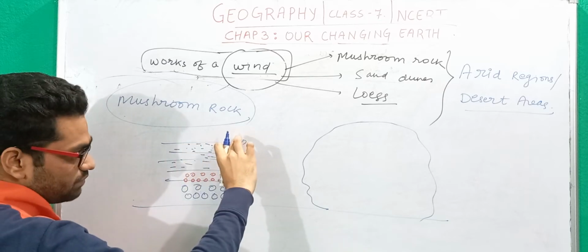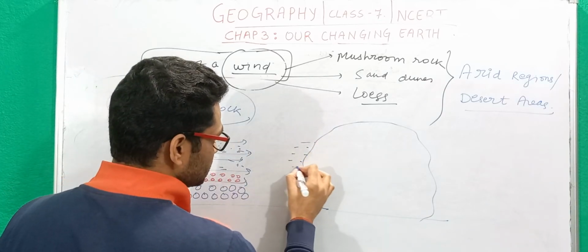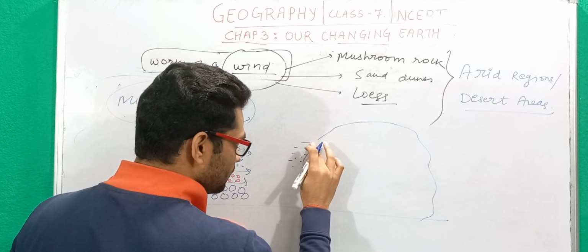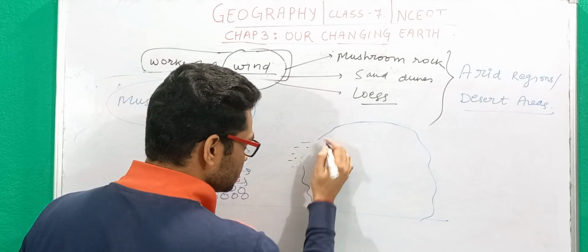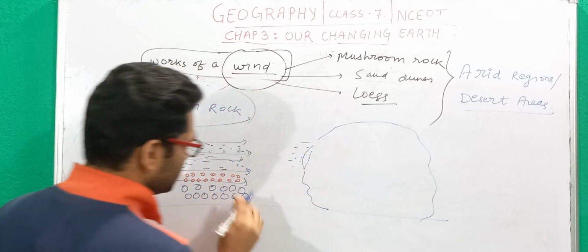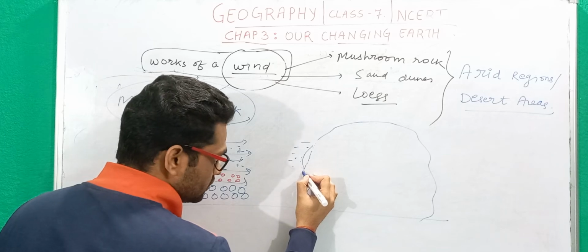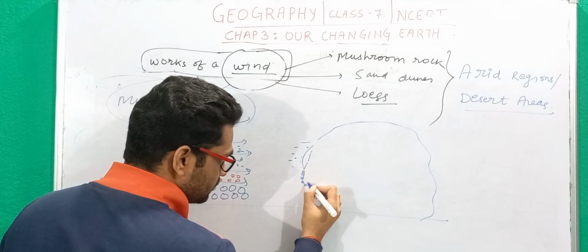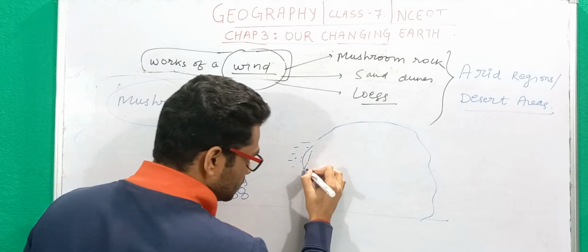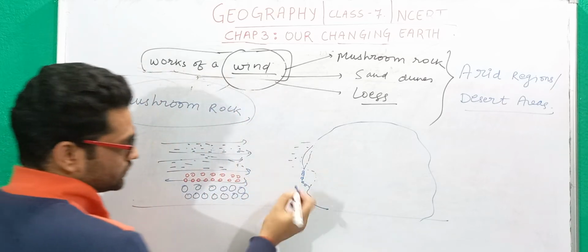Now these lighter particles are going to strike here, and they will cause some amount of erosion. Now these medium sized particles will strike here, and they will cause a significant amount of erosion.